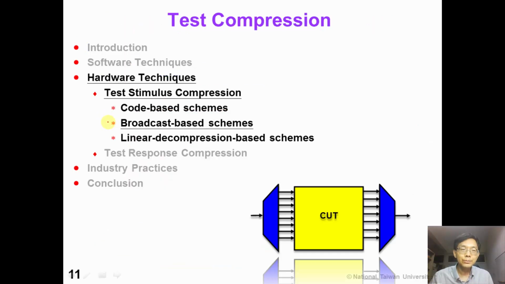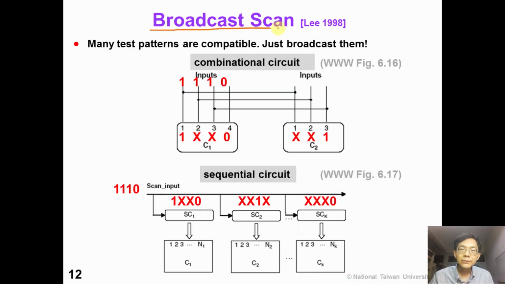The next one is broadcast-based schemes. Broadcast scan was first proposed by Professor Lee in 1998. The idea is very simple. Since there are many compatible test patterns, why don't we just broadcast them together?